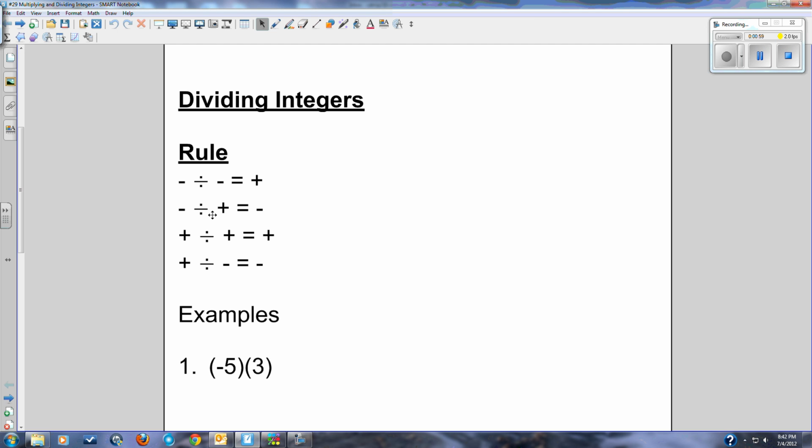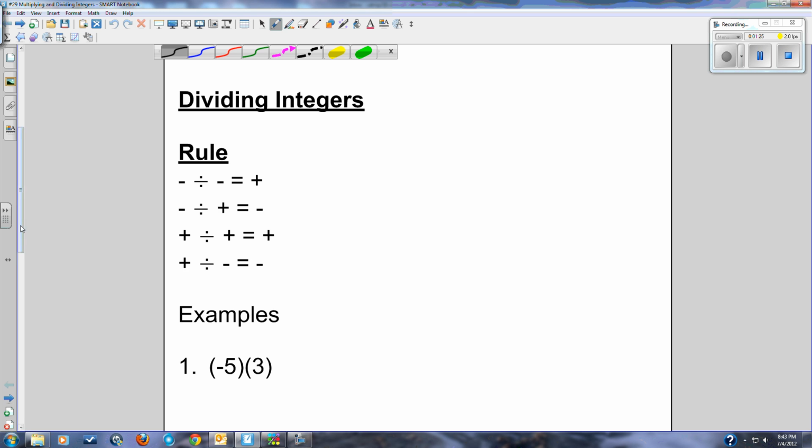A negative divided by a positive is a negative. A positive divided by a positive is a positive. And a positive divided by a negative is a negative. Same idea as before. If you're dividing two numbers, if the signs of those numbers are the same, the answer is positive. If the signs of the numbers are different, the answer is negative.